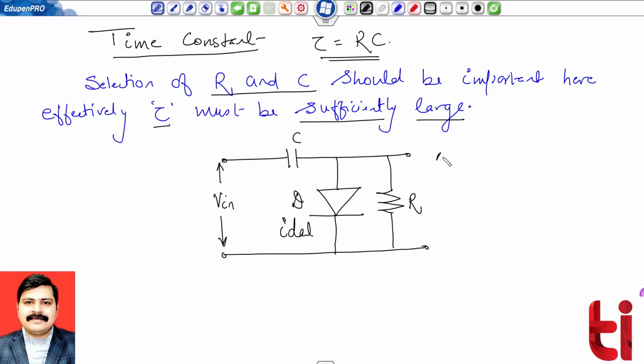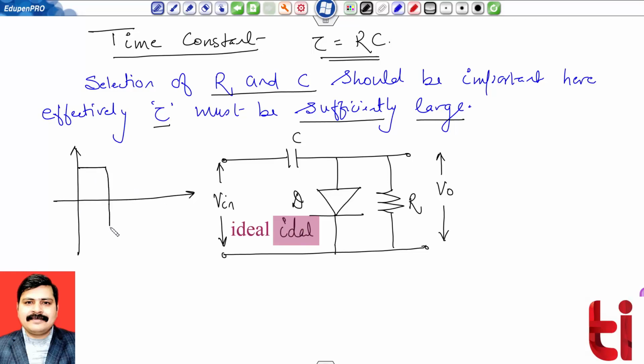Resistance R is connected, across which we want to find the output voltage V0, and say a square waveform is applied. So this is my V in, with points 0, T by 2, T, etc.